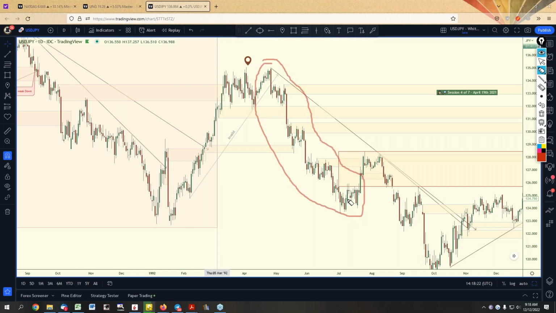Okay, no descending trend line throughout here. Nothing. Price comes up. All right, so now we have this and we have this. Okay. Multiple basing candles down here at the lows, multiple basing candles up here at the highs.